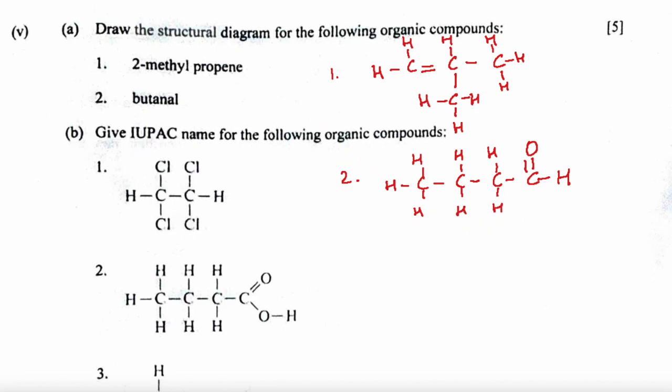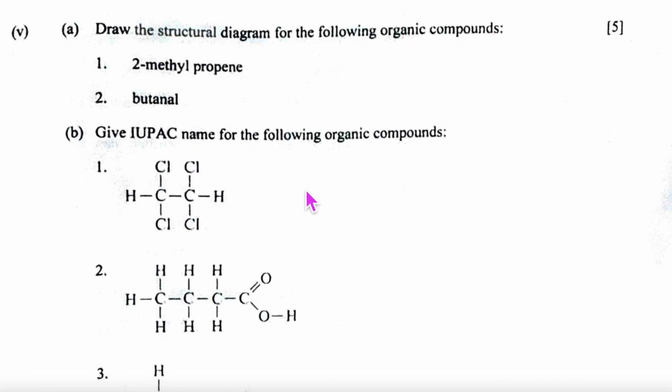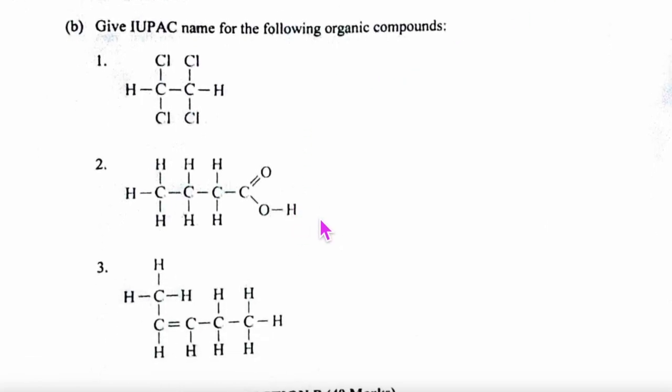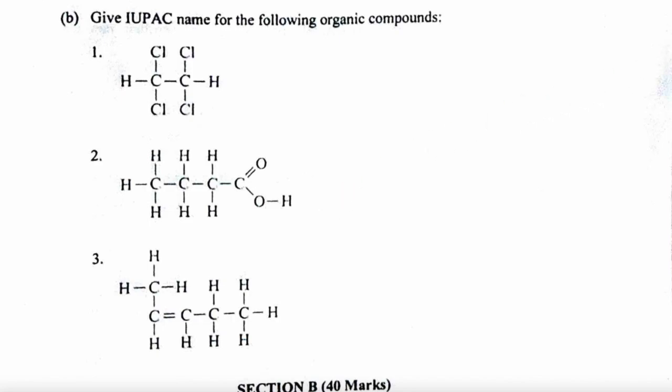Let us look at B part. B part will be for 3 marks. So we have question B, IUPAC names. The first one has 2 carbons, so that is your eth. Single bond, so it is ethane.